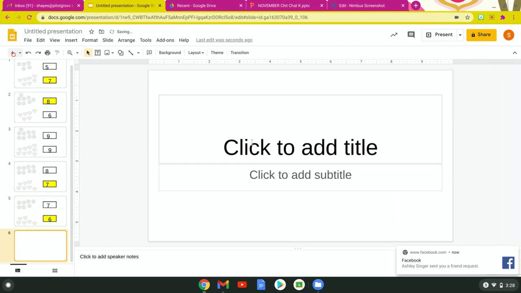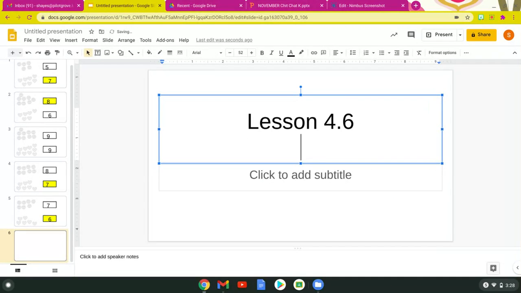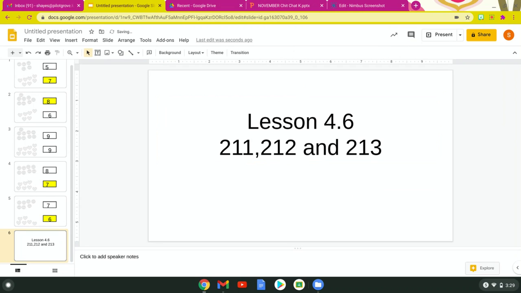You want lesson 4.6, and you are going to do pages 211, 212, and 213. So have a grown-up help you find lesson 4.6 in your math worksheets. And you're going to be finding groups that are less than and greater than.